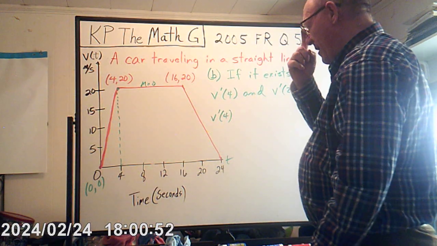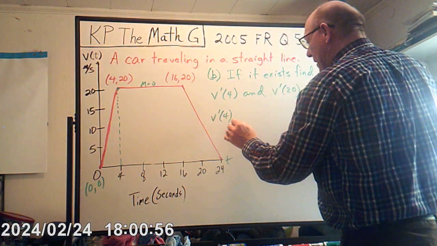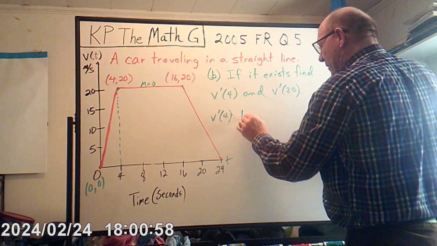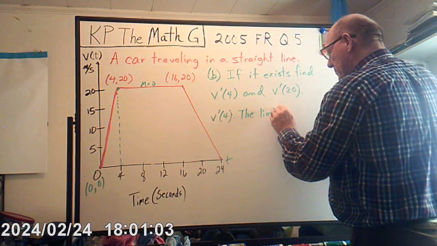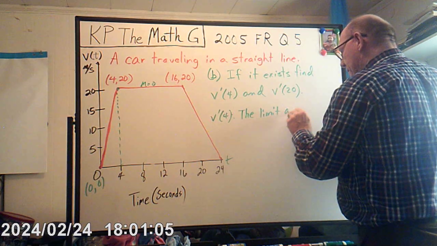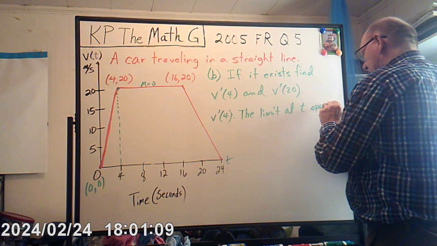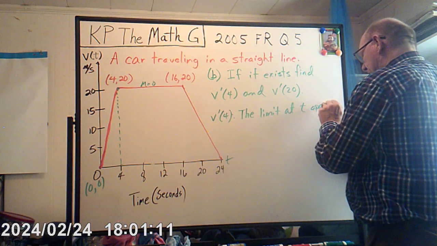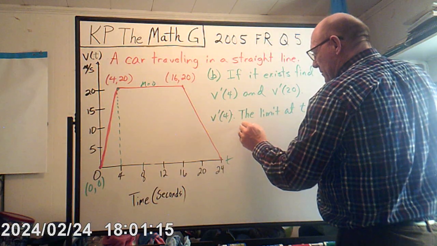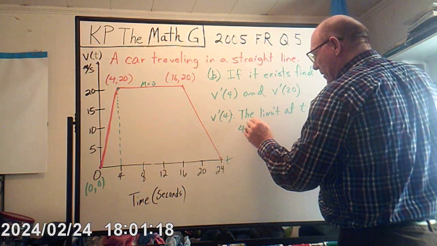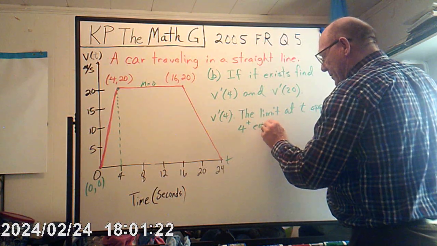So let's look at the right side. We can say the limit as t approaches 4 from the right side equals 0.